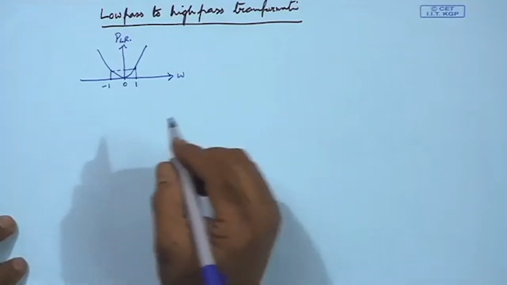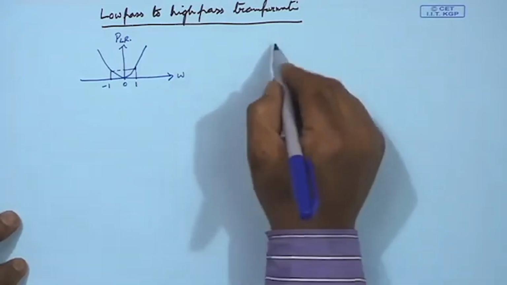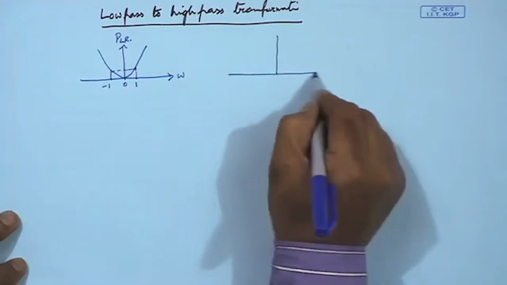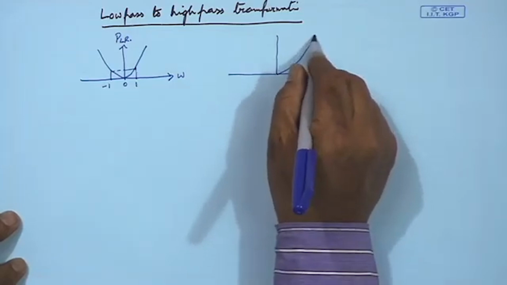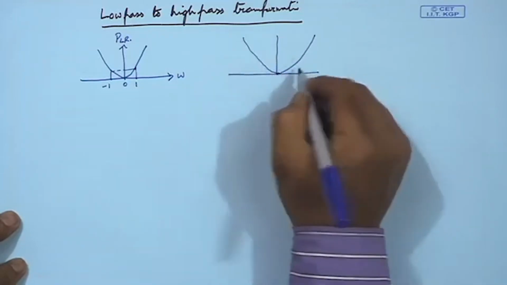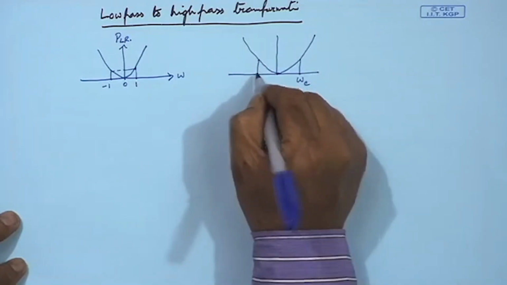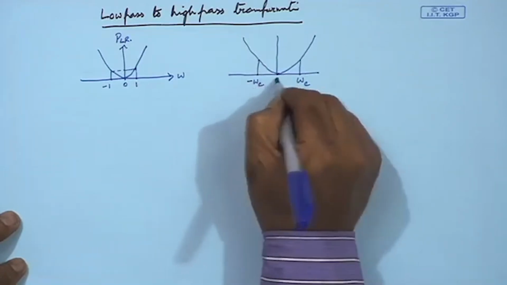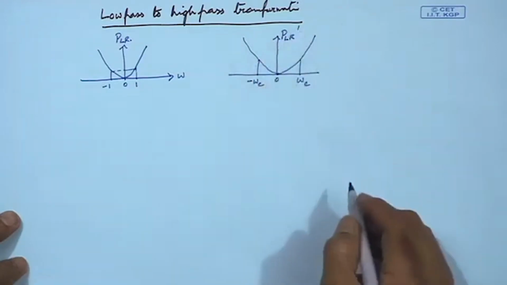Now, if we want to make this characteristic such that instead of 1, I want omega c and minus omega c, with this as 0, this is the new PLR dashed.